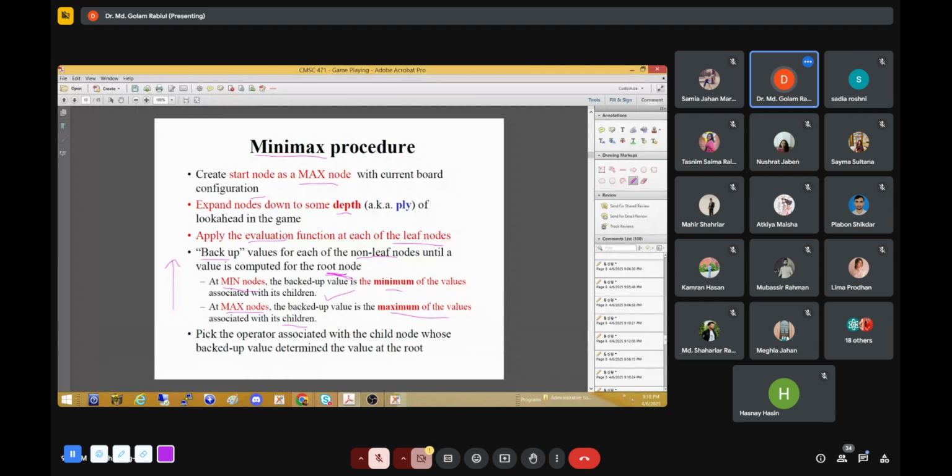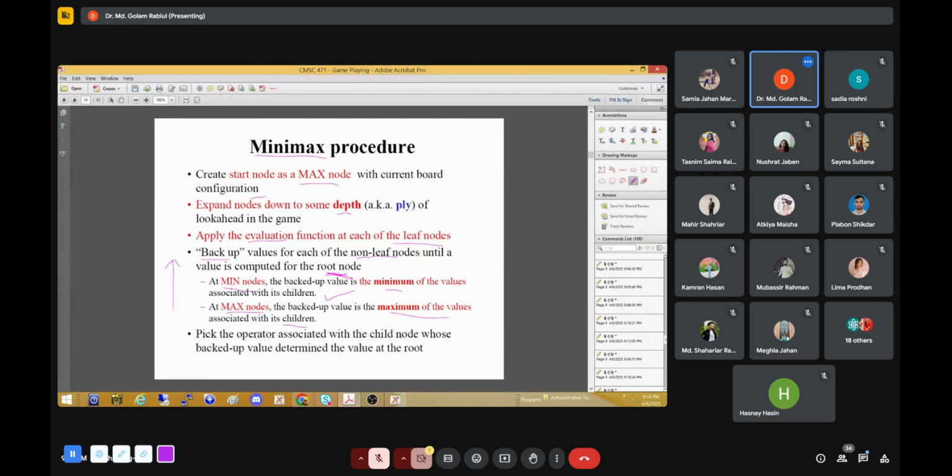That we have to pick the highest value of the child nodes in max nodes. So that's what I have already mentioned. In max, that means I want to maximize my profit. How can we maximize my profit? Maximize my utility, considering that the child please provide me the largest value.